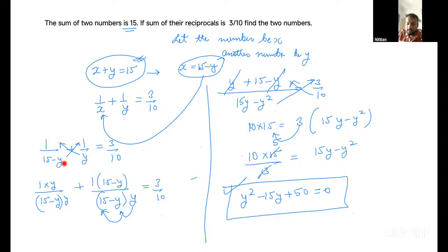So 15 minus y is multiplied with this 1, and 15 minus y is also multiplied with this y. Why did I do this? So that the denominators can become the same. Because both the denominators are the same, I just multiply this y with both the terms. So y into y is y square, y into 15 is 15y, and plus y plus 15 minus y, so plus and minus becomes 0.